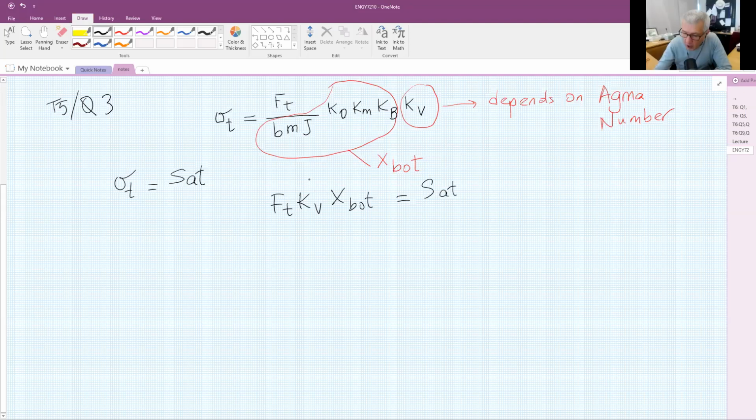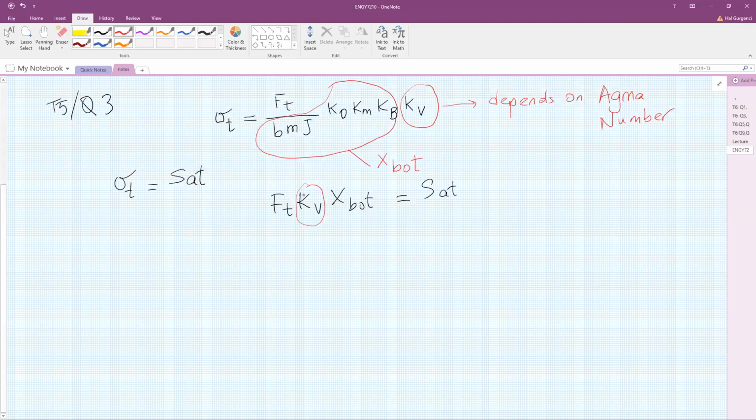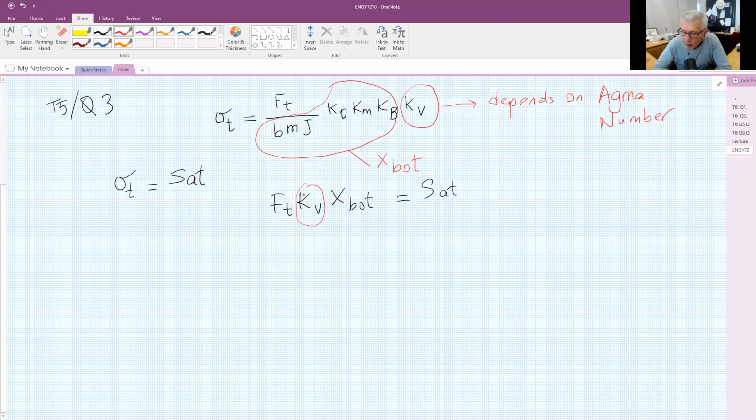So you have 2 KVs, one for the old original AGMA number, one for the new AGMA number. So you can calculate the change and see what is going to be the FT now if the KV is changed.